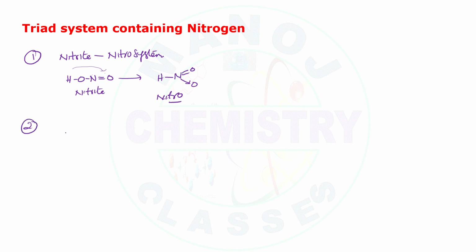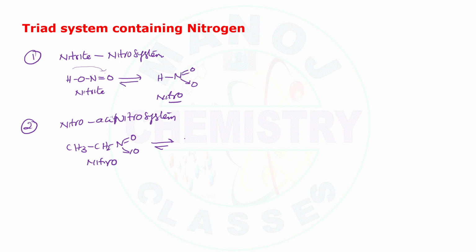So coming to the next one, nitro and aci-nitro system. How will it be? This one will be CH3 CH2 N double bond O. Here I would like to write O as a dative bond. This one is nitro system. This one will be tautomerized to aci-nitro system.